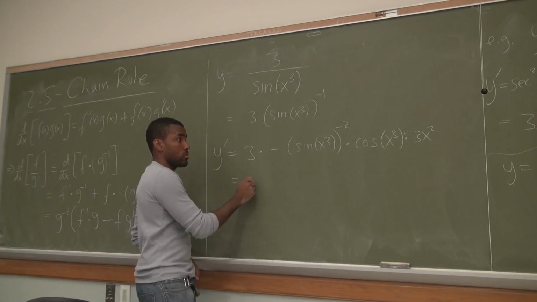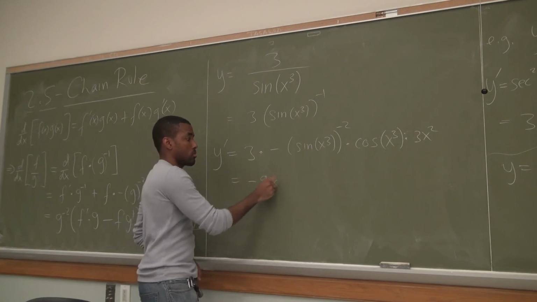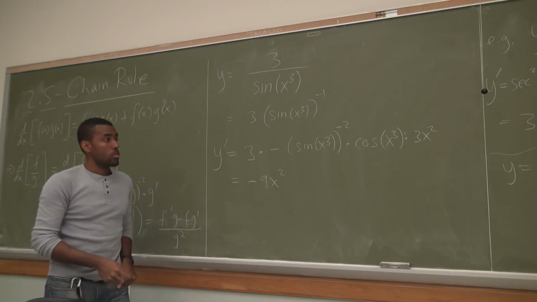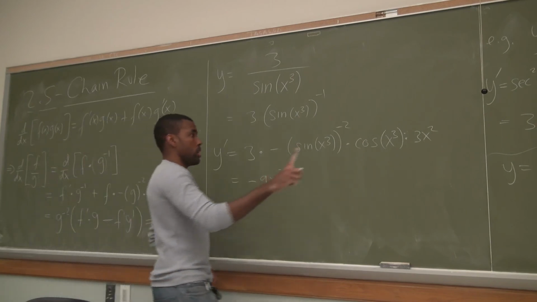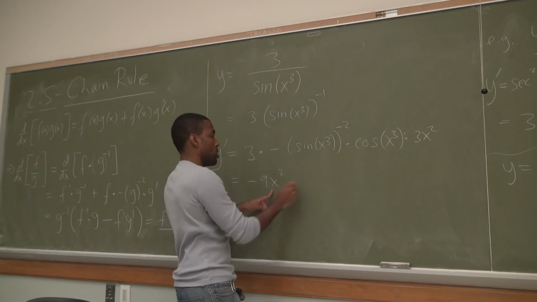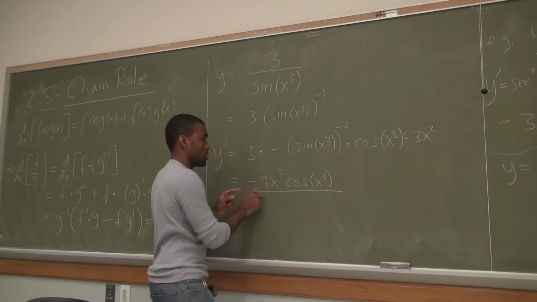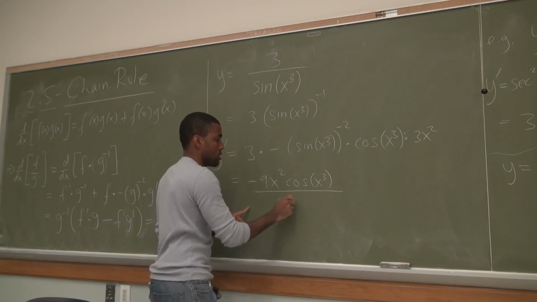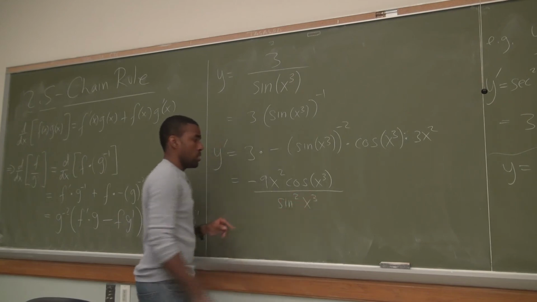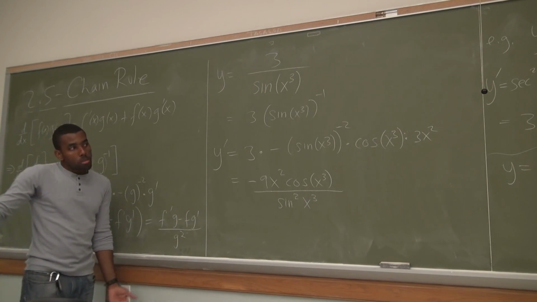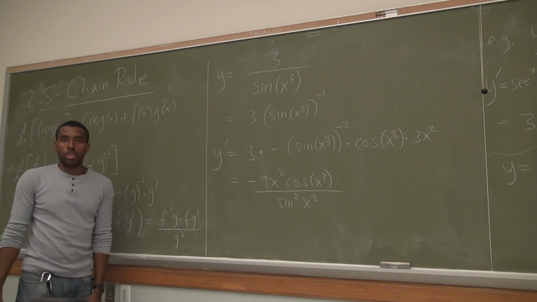So in order to not confuse yourself, how do you know when to use the product rule and when to use the chain rule? Wait, hold on, let me just finish this. So this is cosine. At this point, it's personal preference.